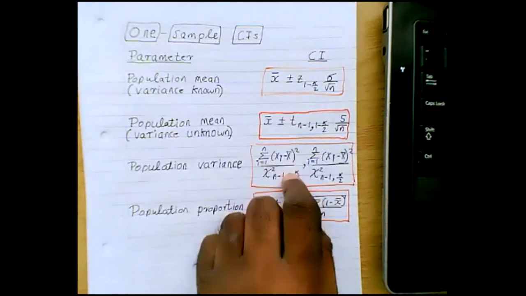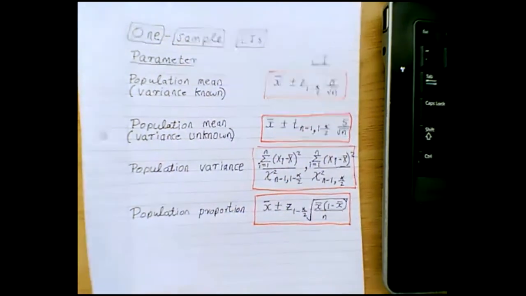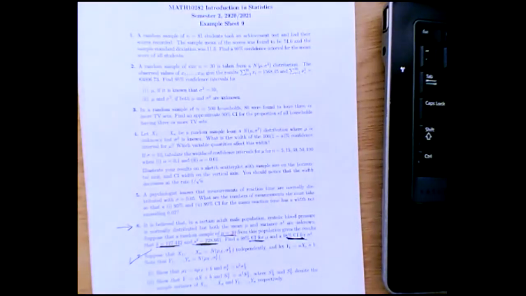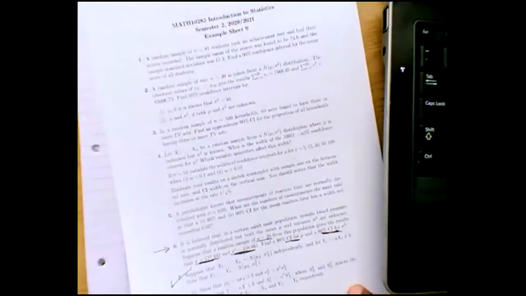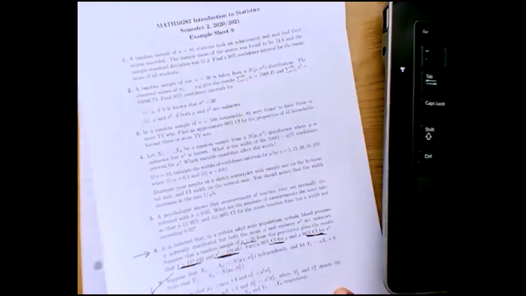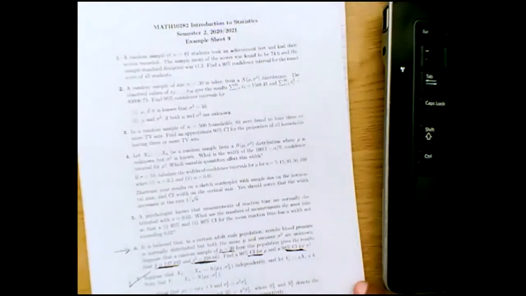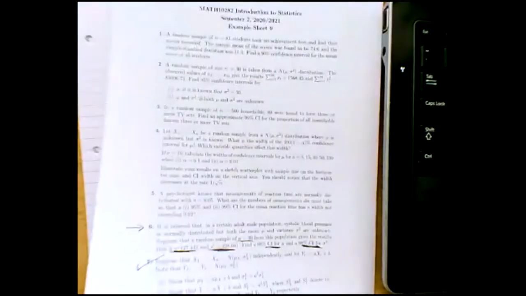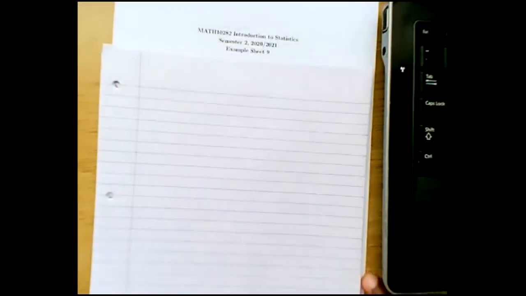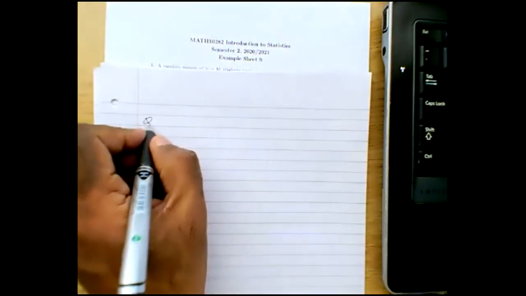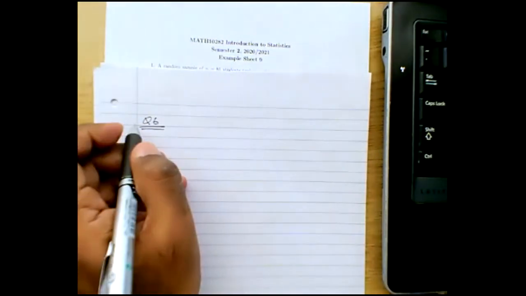So these are the two that we need to use for question number 6. So that's what I'm going to do now. I hope you guys follow me. If not, just let me know. All right, so this is question 6. What we are given.